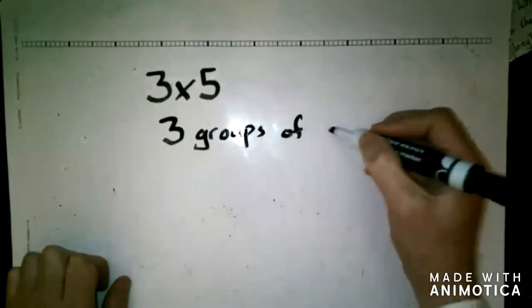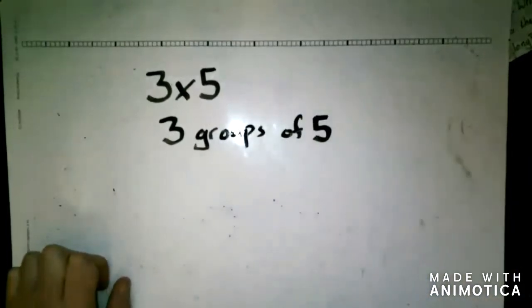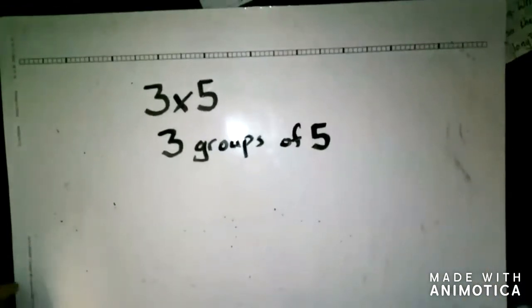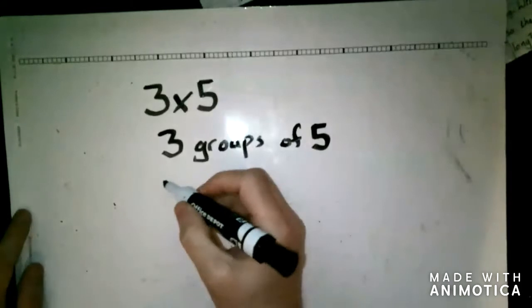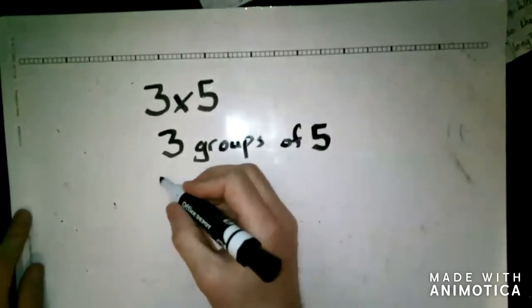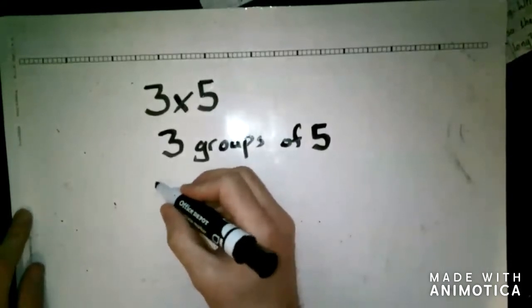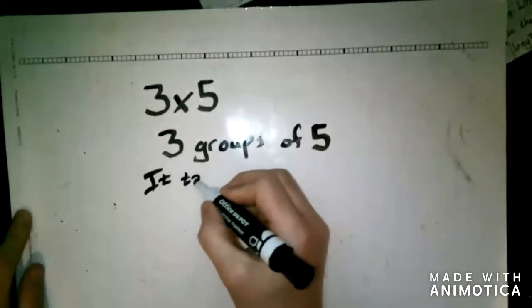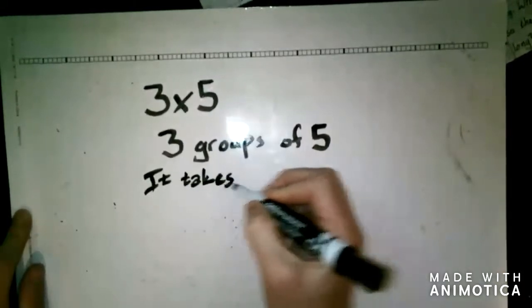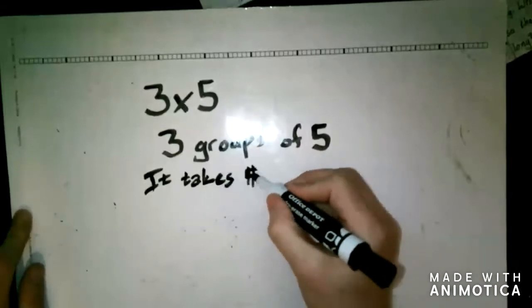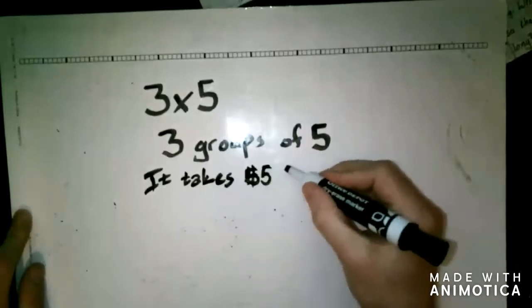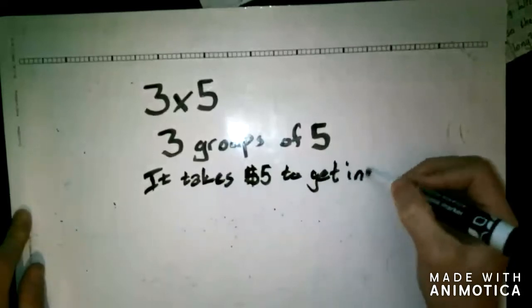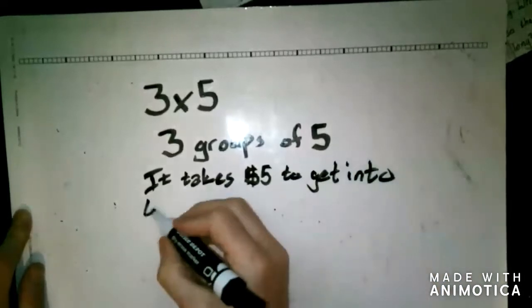of 5. So a word problem that could go along with that would be something like, it takes $5 to get into the park.